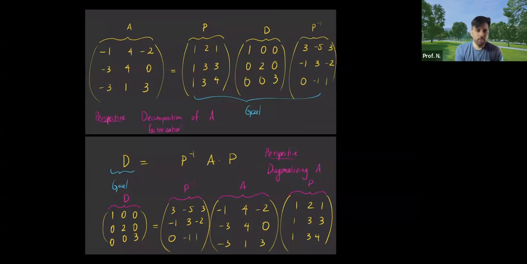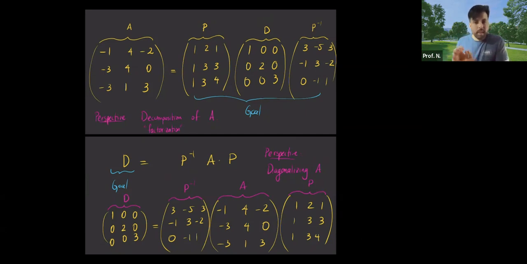So you can view it from the perspective of, let's take a matrix, and if it is diagonalizable, let's use that fact so that we can re-express the matrix as a product of three matrices, where the middle one is a diagonal matrix whose entries are eigenvalues. So that's one way of looking at diagonalizability. A matrix is diagonalizable if you can write it as a product of three matrices, where the middle one is a diagonal matrix. That's one way.